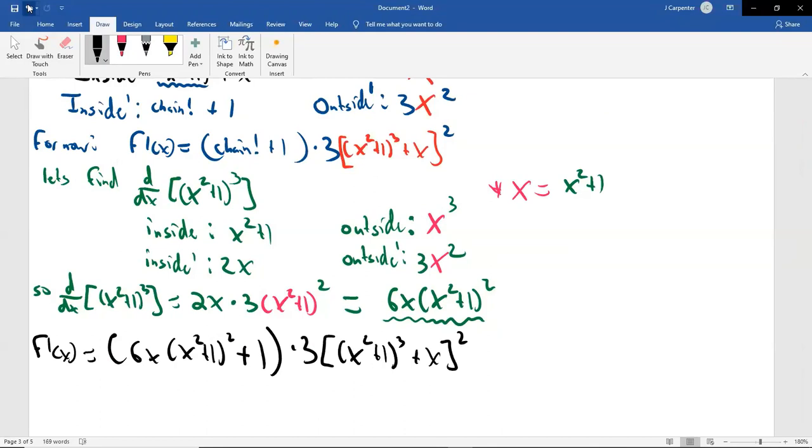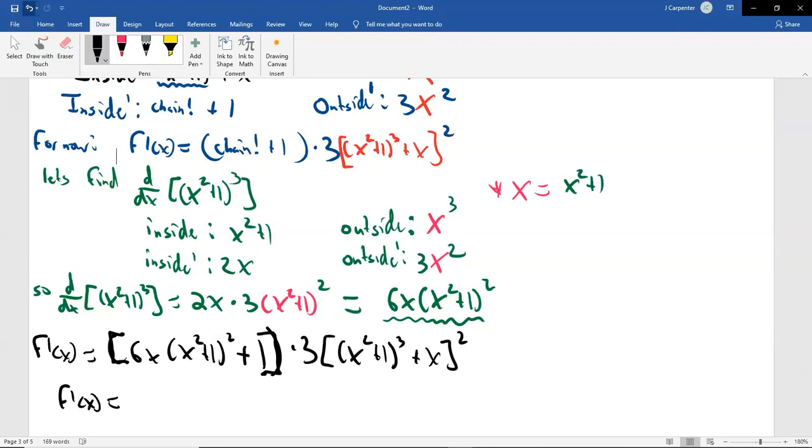Now, believe it or not, this is really all you can do with this. Again, I personally like this as a bracket instead of a parentheses. But it's this thing times this thing. There's no factors anywhere. There's definitely not any factors anywhere. So f prime of x, the only thing I want to clean up is this 3.